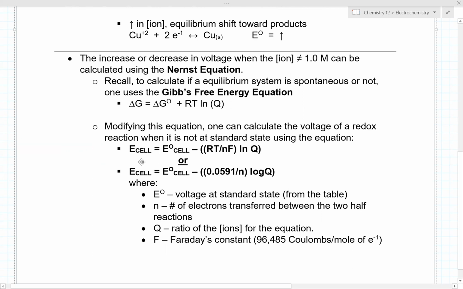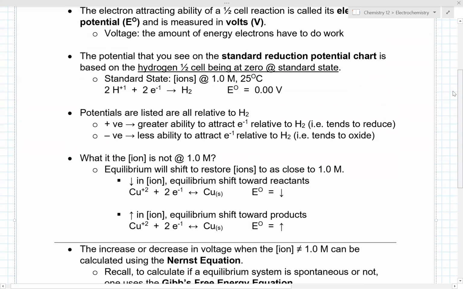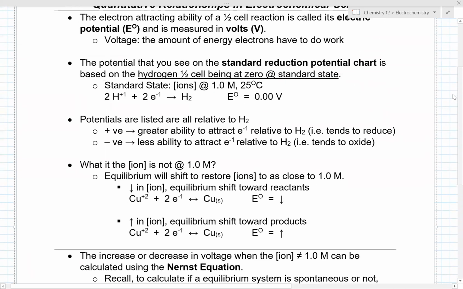Now, notice the difference here is the E of the cell, or the voltage of the cell, is different than the E naught. E naught means that it is at standard conditions. Remember, we had talked about what standard conditions are, or standard state.